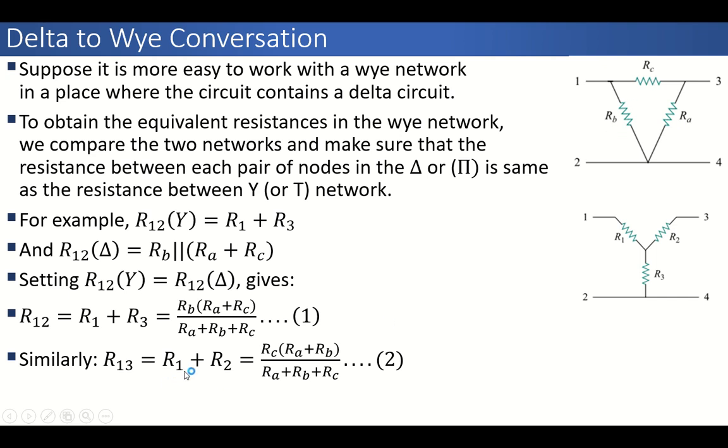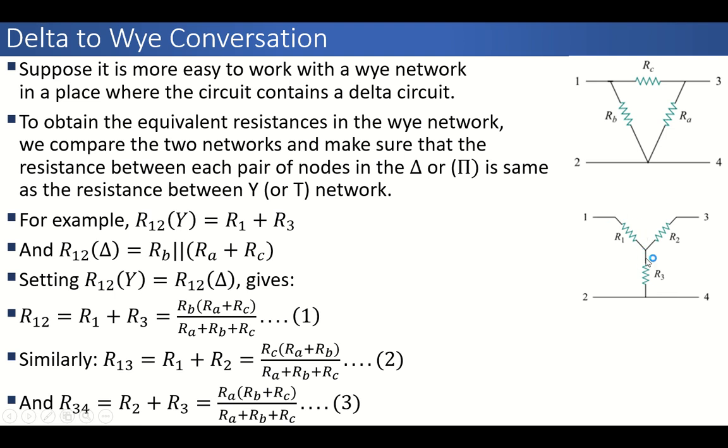So R1 plus R2 should be equal to RC multiplied by RA plus RB divided by RA plus RB plus RC. Let's call this equation number 2. Similarly, the resistance between terminals 3 and 4 in the Y network is obviously R2 plus R3, because these are now in series.